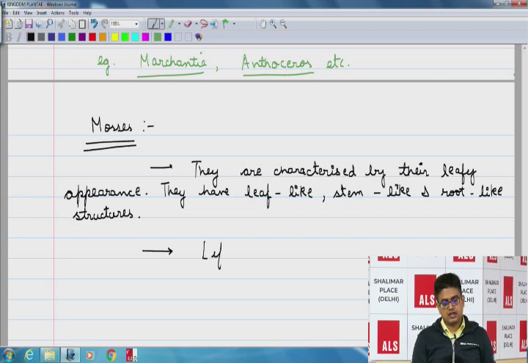The life cycle is characterized by the presence of the protonema stage in the life cycle.